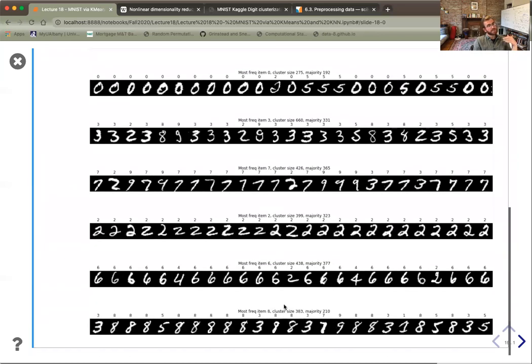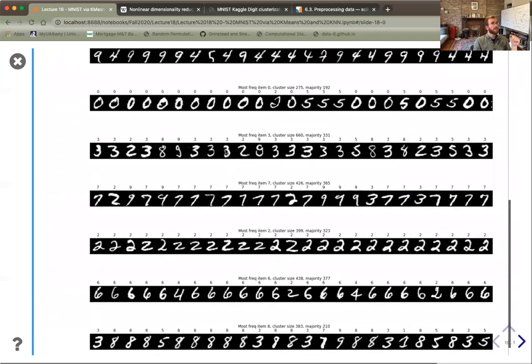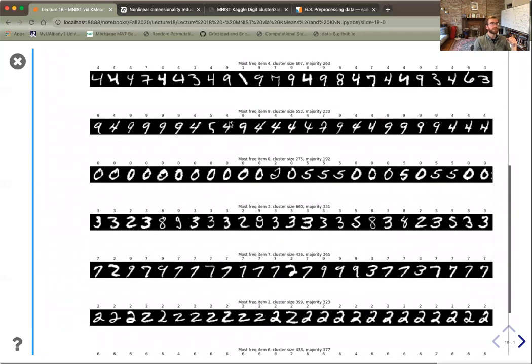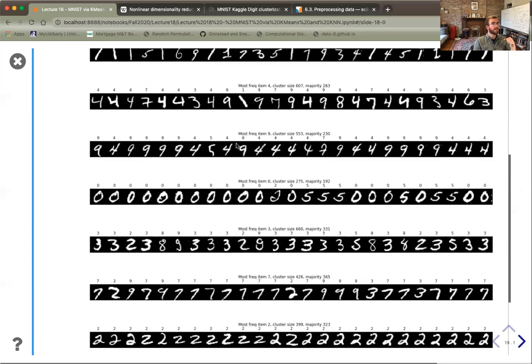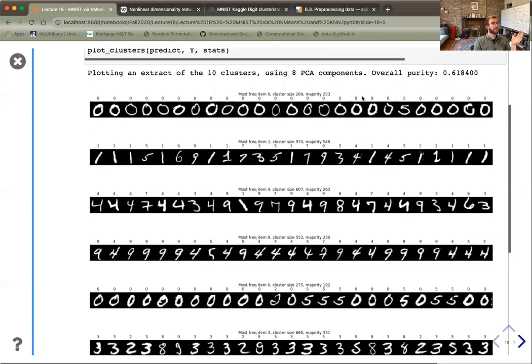So this somehow suggested that 8s, 6s, 2s, 7s, 3s all are really principled clusters. But then 9s and 4s really aren't that different. And similarly 1s and 7s, and it looks like, yeah, maybe even 5s.